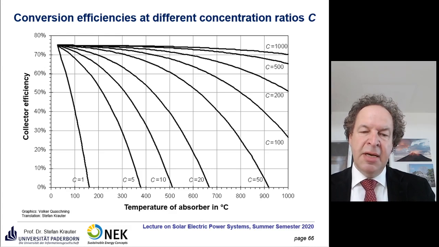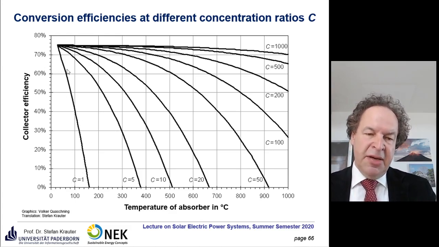Here you see the different concentration ratios, starting with 1, which means no concentration, that's a conventional flat plate absorber, and it is able to achieve a temperature in the vicinity of 160, 180 degrees.